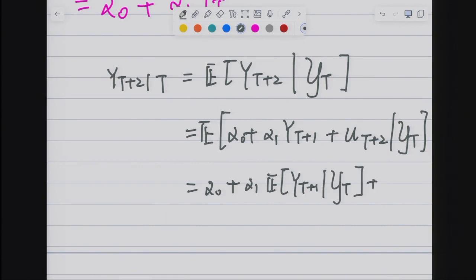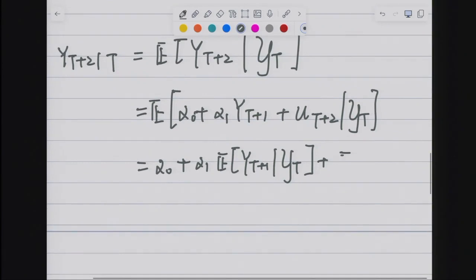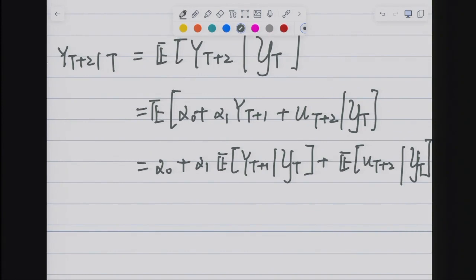And then again, we have the conditional expectation of the error term or the shock given all past. The last term must be 0 given independence, okay? They are independent, so this term is just 0. There's nothing we can forecast about future shocks using the past.